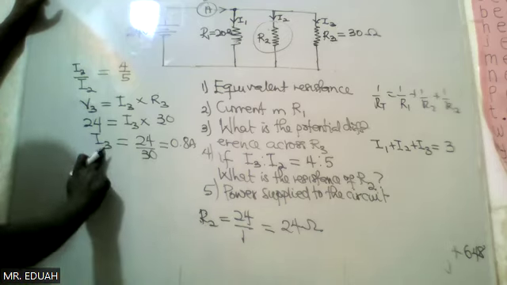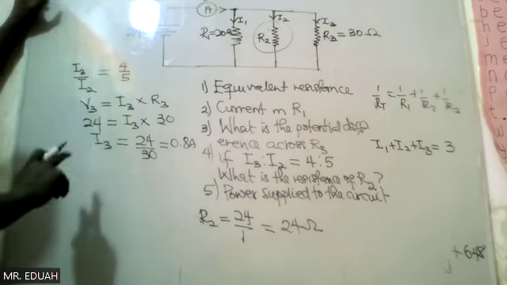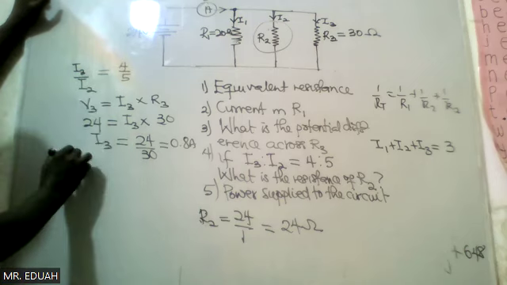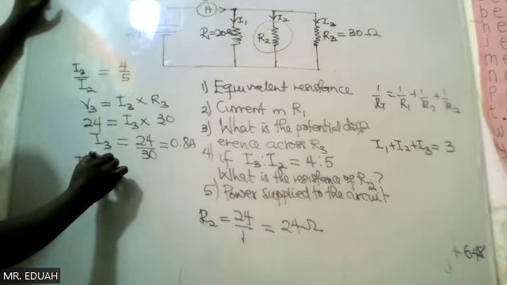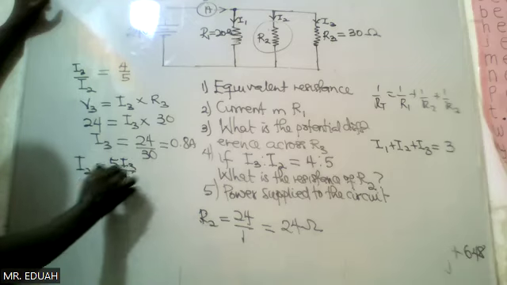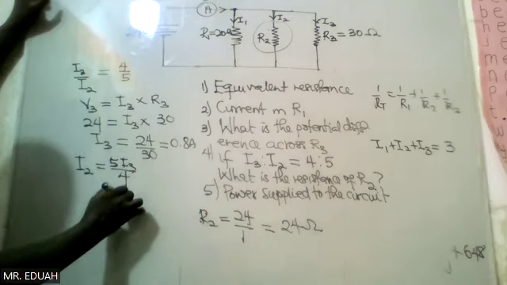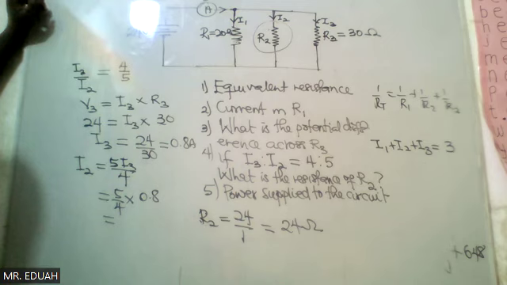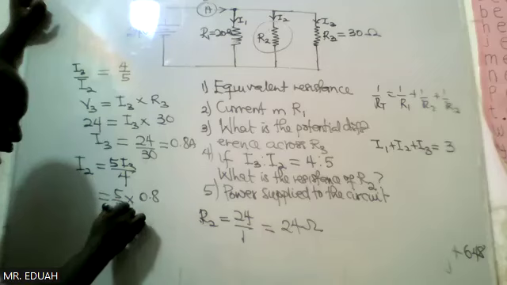So Priscilla, we have I3. If we have I3, then we can use the ratio to find I2. I2 is equal to 5 times I3 all divided by 4. So 5/4 times 0.8. Priscilla, what's the answer? It's 1 ampere.